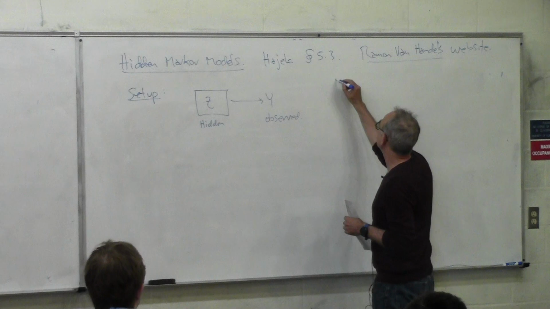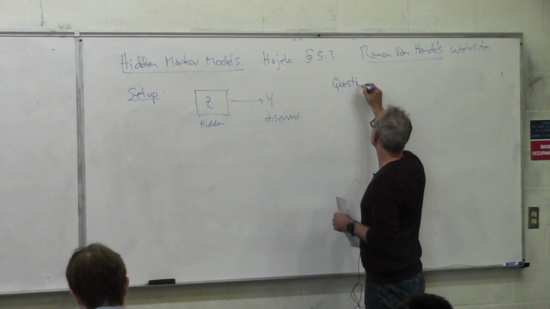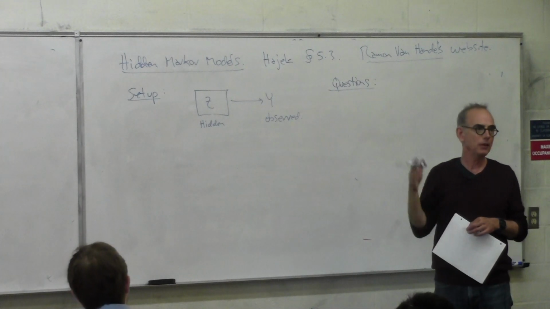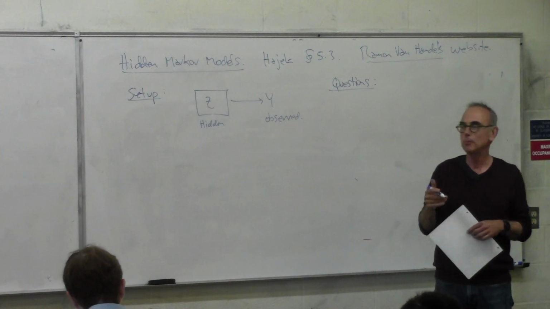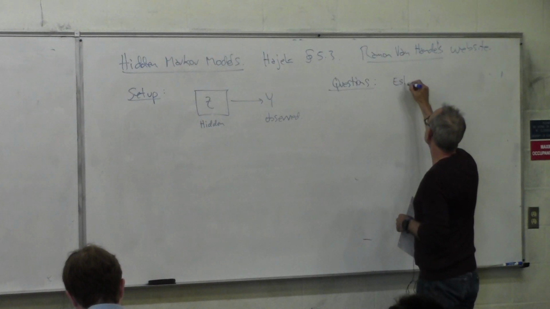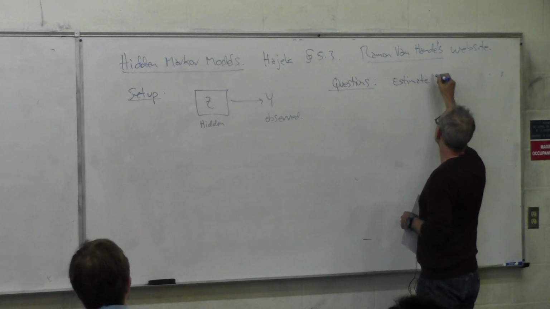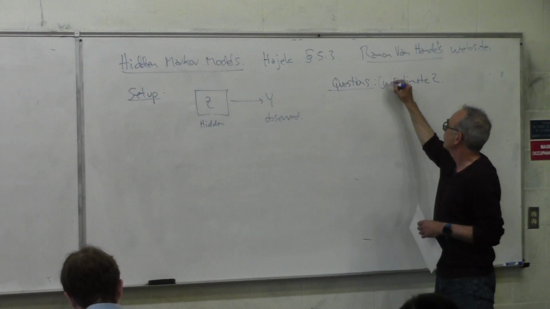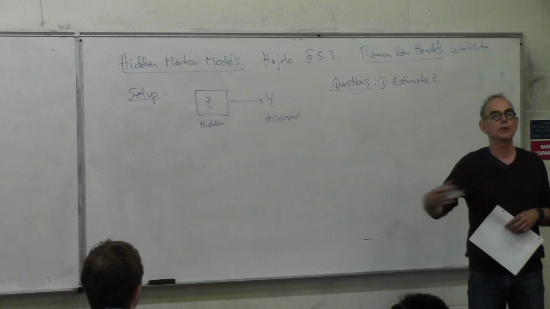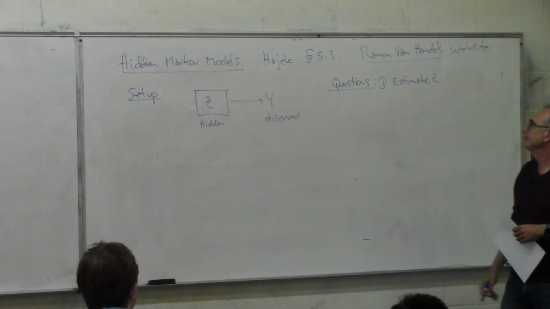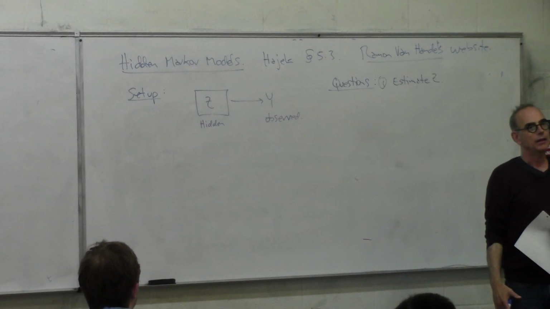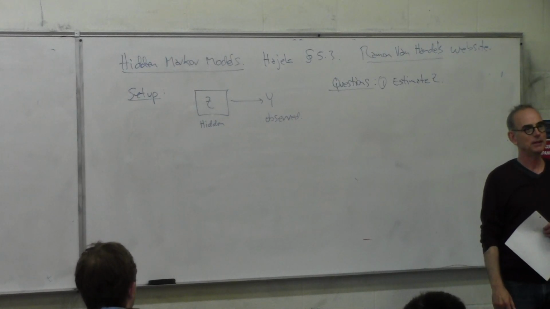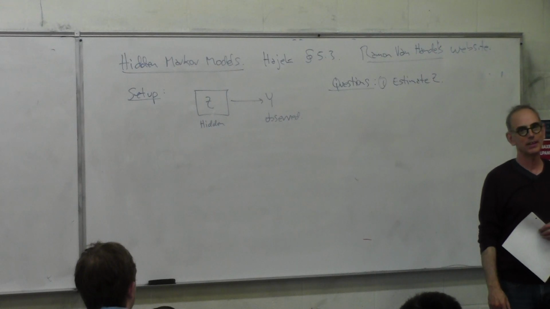But what are the questions? So one is we'd like to estimate what the other ones are thinking. We want to estimate Z. All right, that's like number one. When people talk about hidden Markov models, the assumption is that that's what you care about, right? But in the Wall Street example, what do you think the issue is in trying to estimate what the people inside those rooms are thinking?